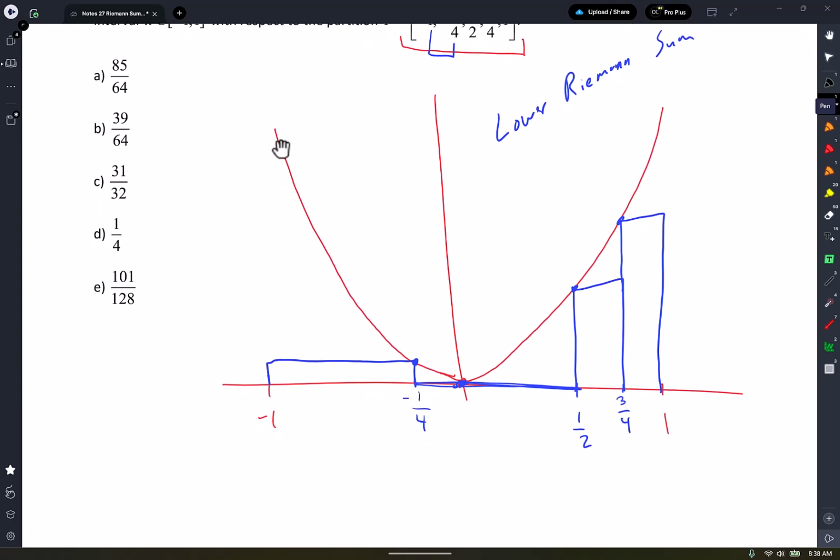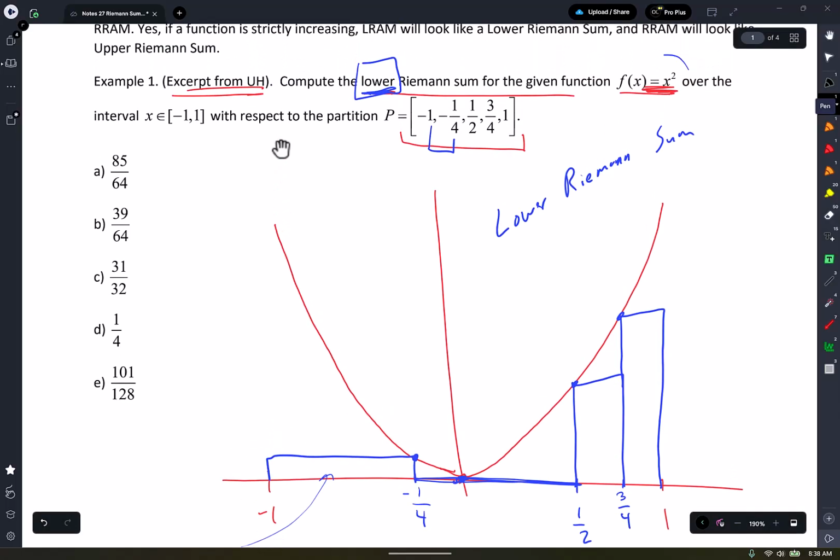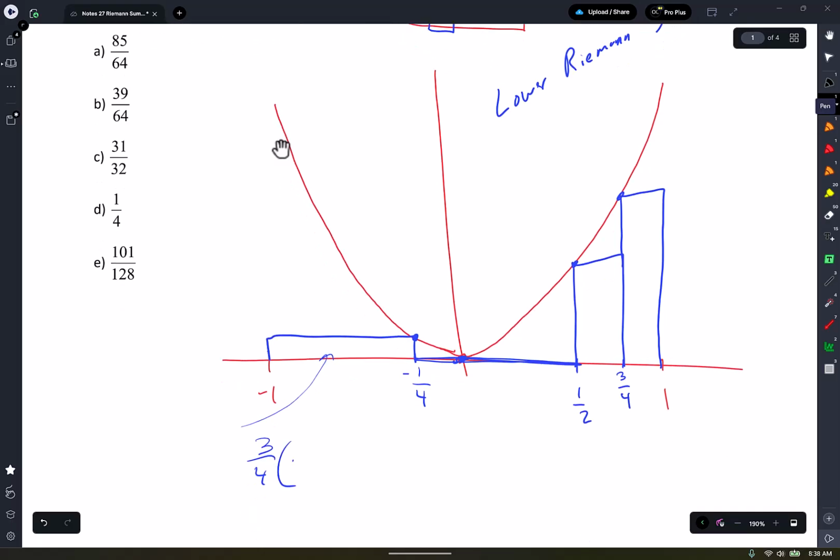All right, let's figure out what these areas are. So all I'm doing is width times height, guys. So the area of this rectangle there, let's see, what's my delta x there? 3/4 times the height. The height is dictated by x squared. So -1/4 squared. Does everyone see how I got that? Plus, I know this one's 0, guys, but I'm going to show the work. Let's see, 1/2 plus 1/4, that's another 3/4 times 0 squared.